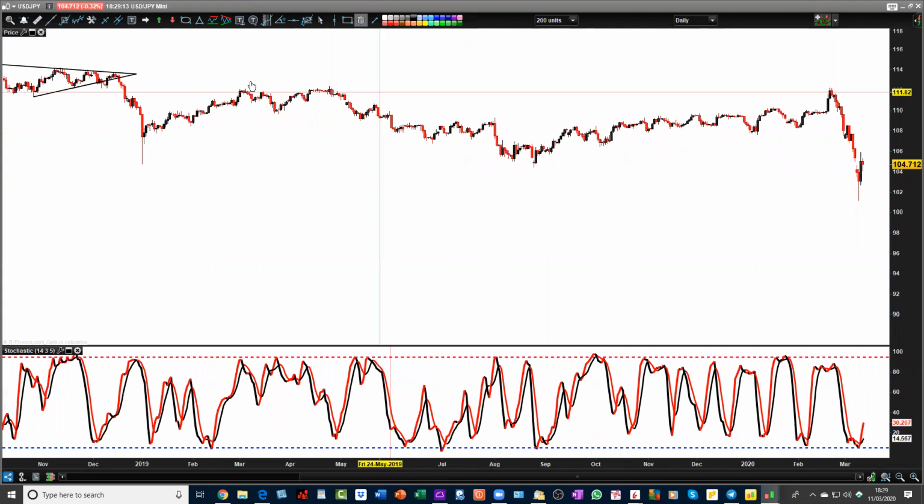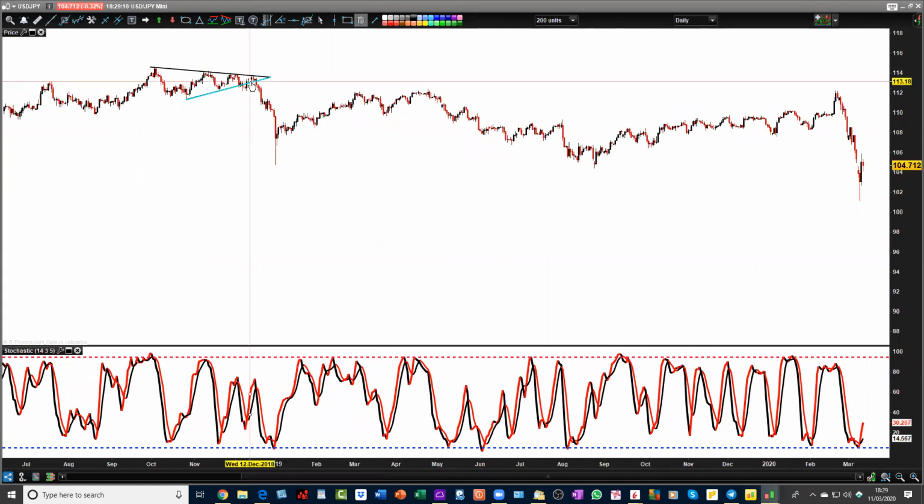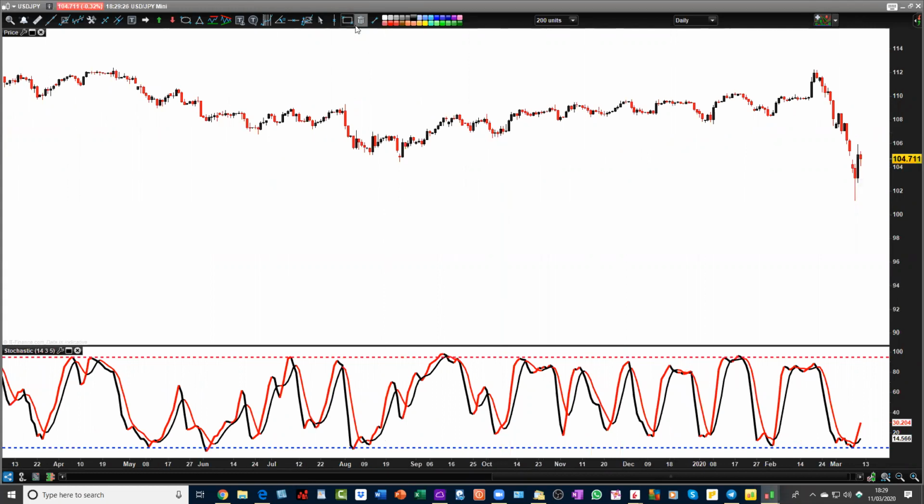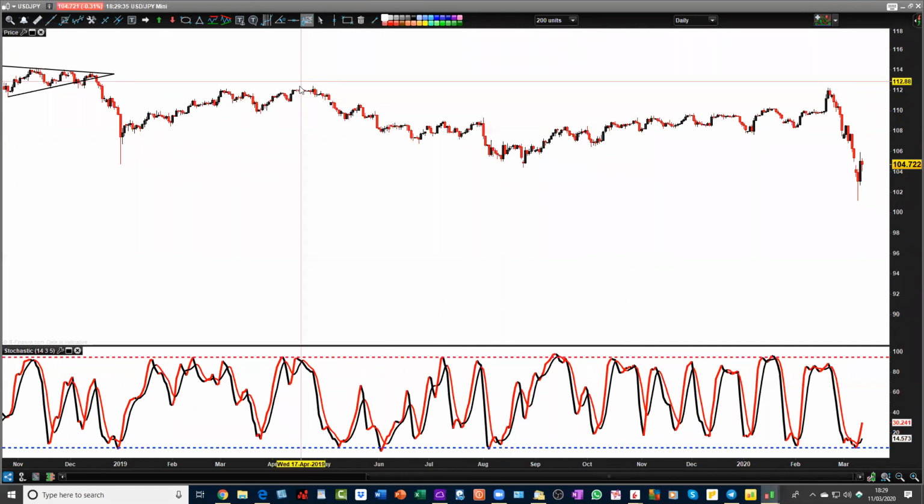There's a squeeze pattern. This squeeze pattern in December '18 generated a nice short. Let's take this wave to the downside.